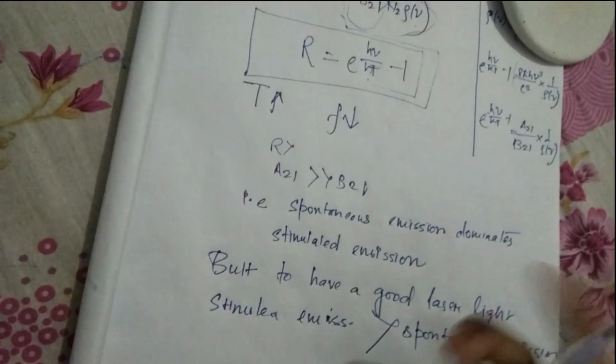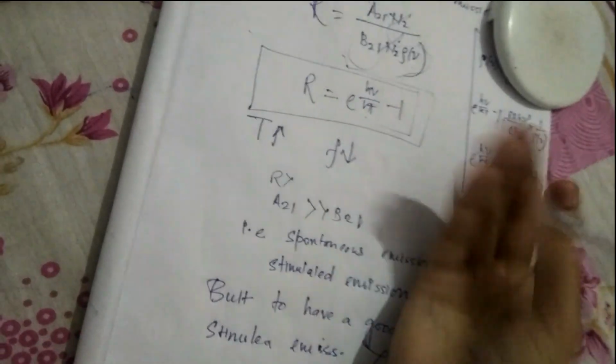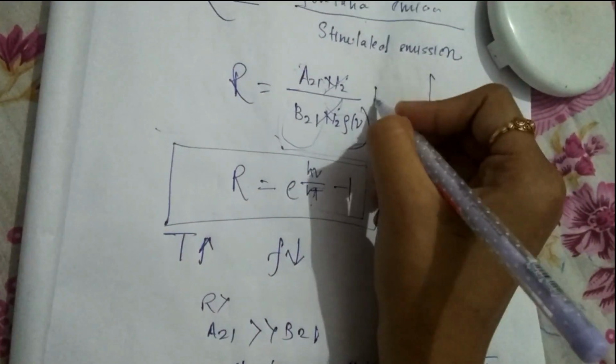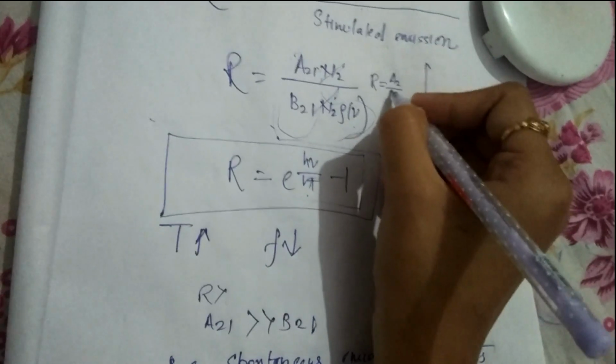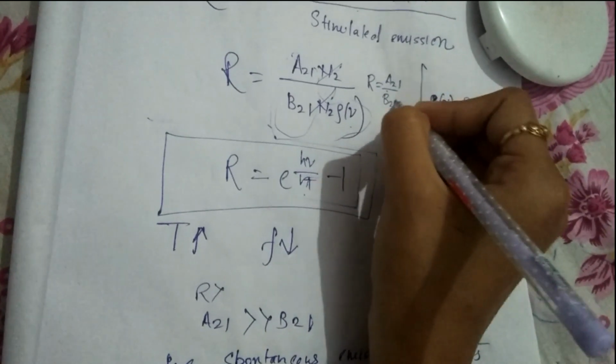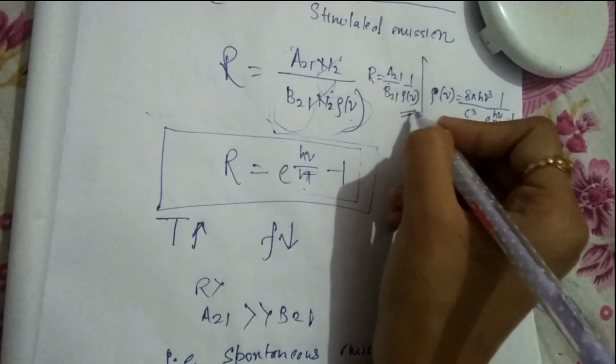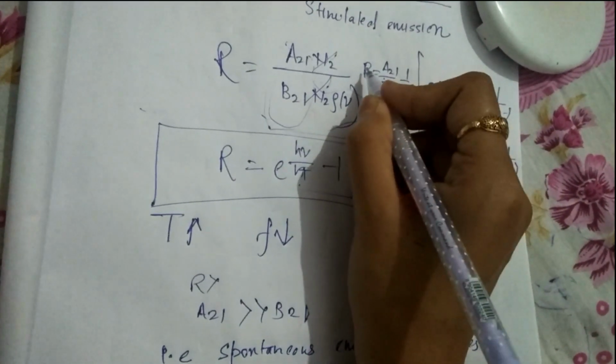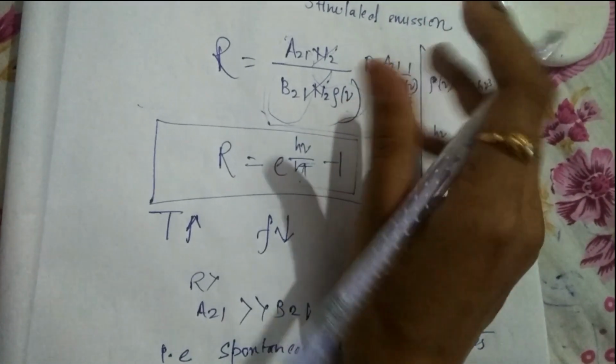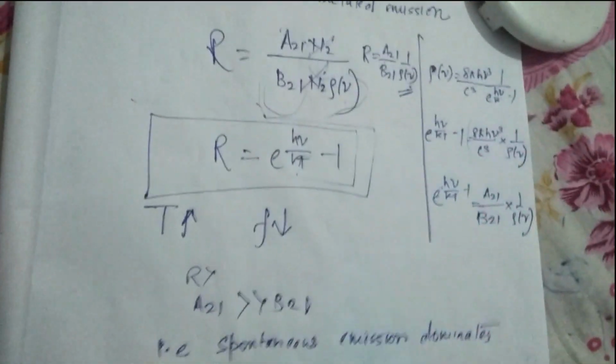So, here R equals A21 by B21 times 1 by rho nu.